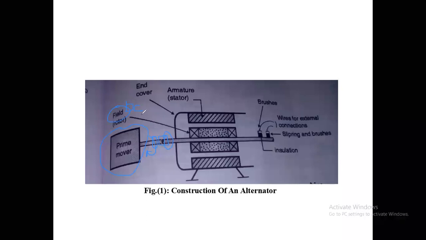When the DC supply is given, flux is produced, and the field winding is also rotating. The stator windings are stationary, so these flux lines cut the stator windings, and thereby we get the AC output there.